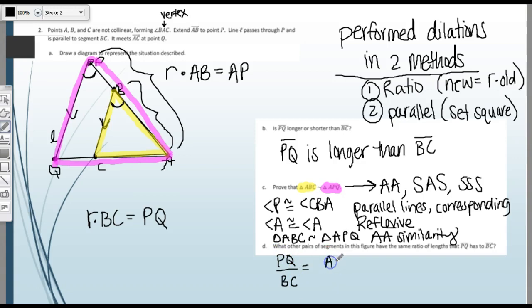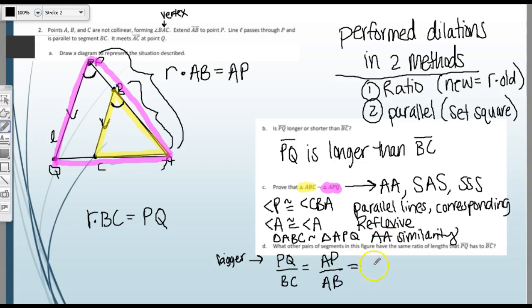Also, AB over AP, yep. Wait, I have that upside down. Hold up. That's why I wrote the first one, so I wouldn't mix it up. I shall fix it. So since I have PQ in the numerator, that means I need to put AP in the numerator, AB in the denominator. The bigger triangle is in the numerator. Doesn't matter which one goes where, it just has to be consistent.